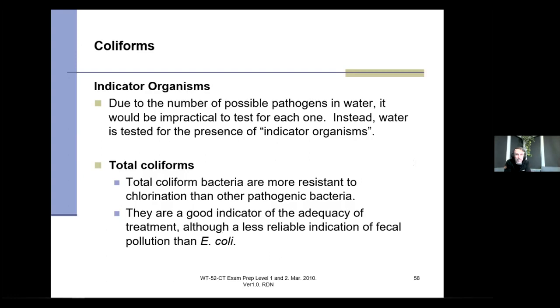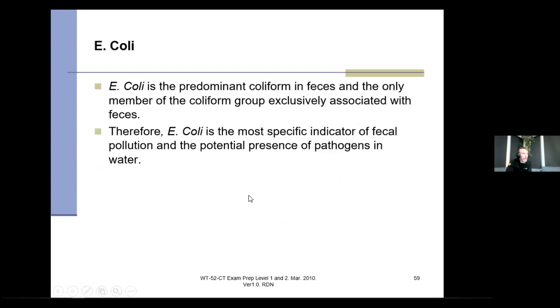I can see total coliforms coming from wood products or soils. So it doesn't always mean that there's contamination from humans. It could mean other sources as well. Still, you do not want any total coliforms in your water. Fecal coliforms or E. coli, that's the nasty one.